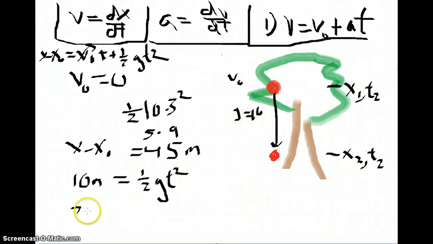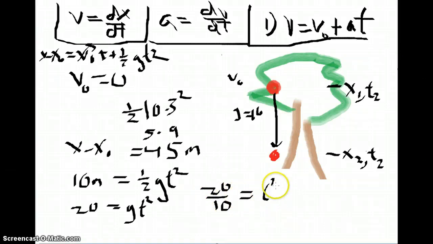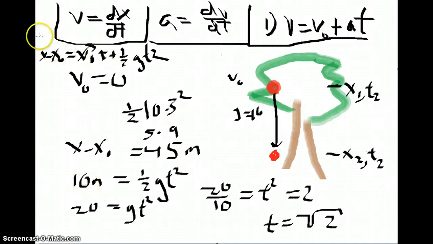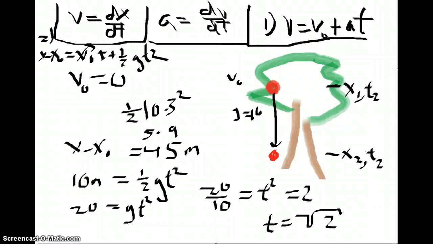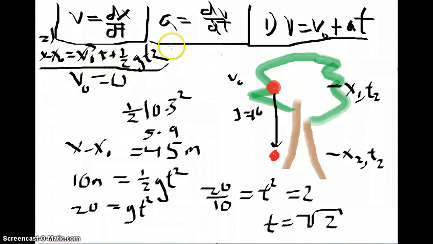So then 20 equals g t squared, or 20 over 10 equals t squared, equals 2. So t is equal to the square root of 2. And that's how much time it would take for an apple to fall 10 meters on Earth. So we can do pretty cool stuff now with our second kinematic equation of motion. And that concludes this second video.